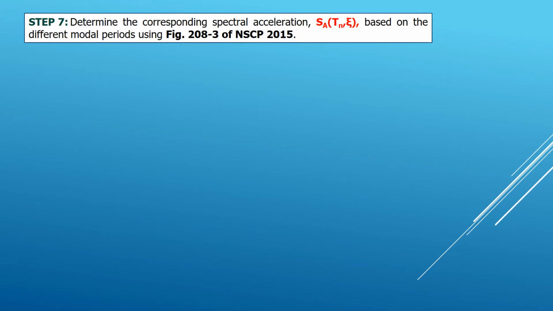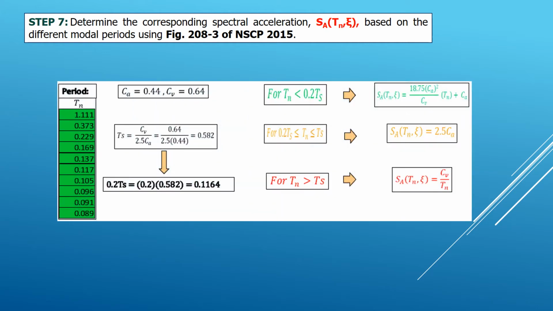Step 7. Determine the corresponding spectral acceleration based on the different modal periods using figure 208-3 of NSCP 2015. So, the period is given. The CA is equals to 0.44 and CV is equal to 0.64 is also given.